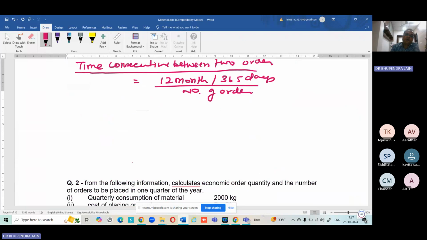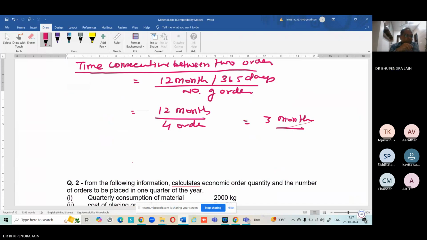How to calculate the time between 2 consecutive orders? 12 months divided by 4 orders. So now the answer is 3 months. In every 3 months, we have to place the order. This is the concept of economic order quantity. Economic order quantity is a quantity at which our cost is optimum.